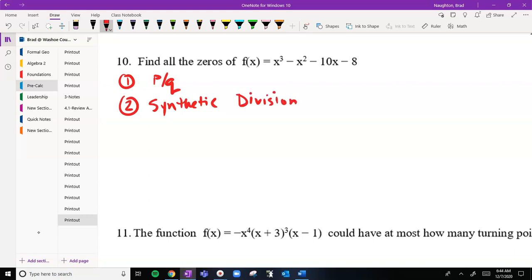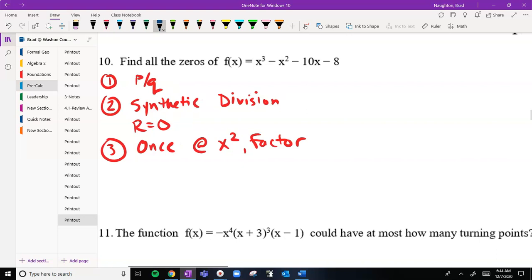The key with synthetic division is your remainder needs to be 0 for it to work. And once you're at x squared, you're just going to factor. So again, this is the way we're going to get this party started: P over Q's.